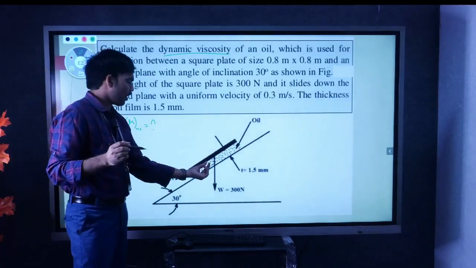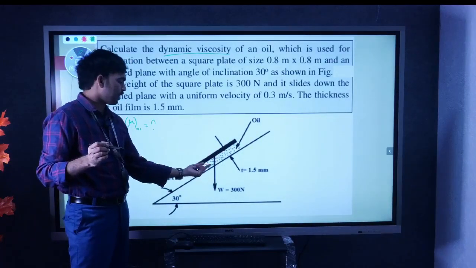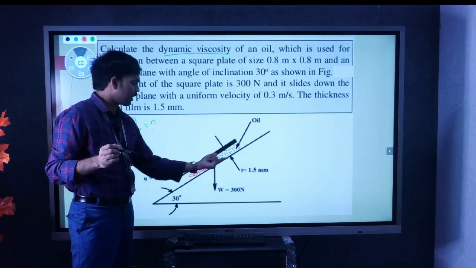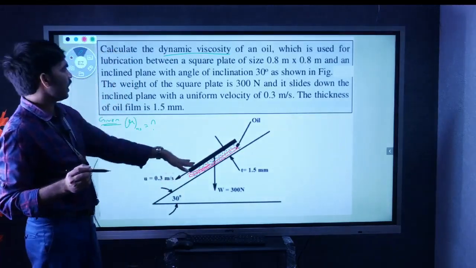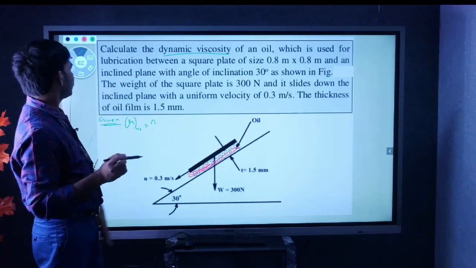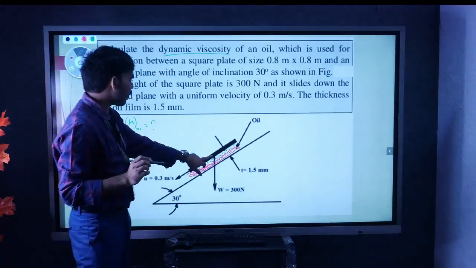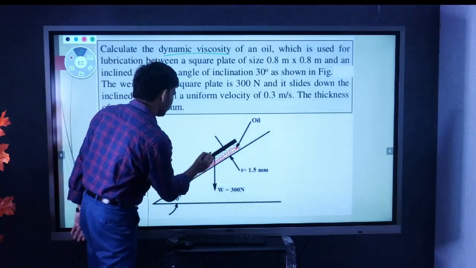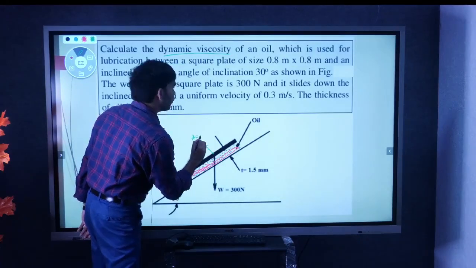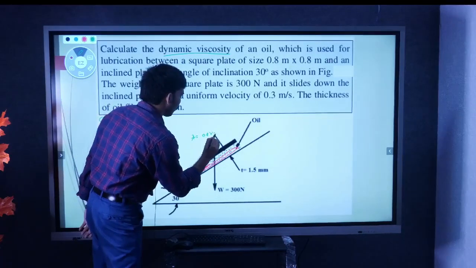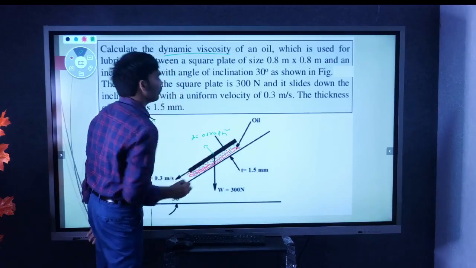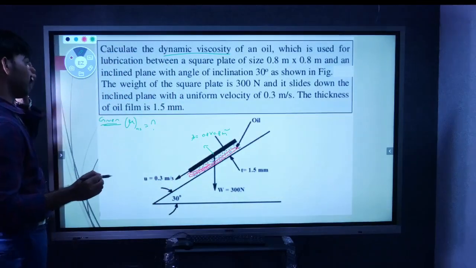This oil is used as a lubricant for the square plate. The area of the plate is given: 0.8 into 0.8 meter square.